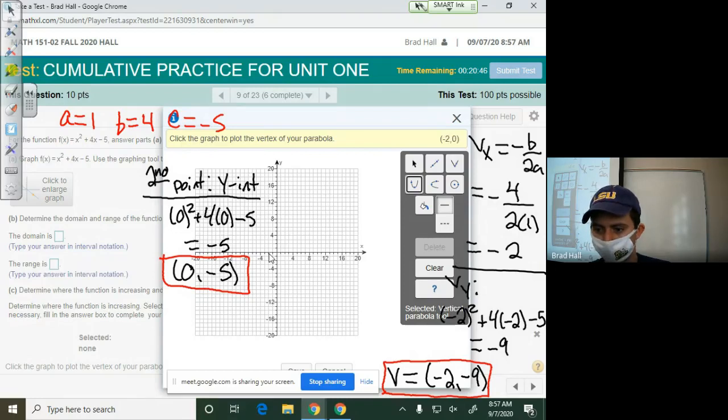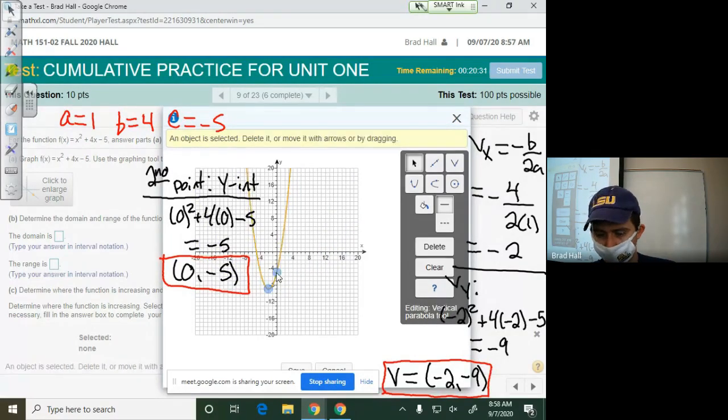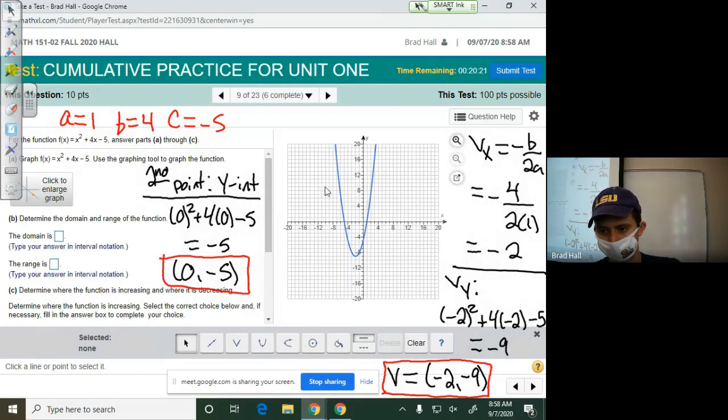Notice in the top right, I'll make sure it says -2, -9, which it does, so click. Then I'll make sure it says 0, -5. Just trying to help you avoid the pitfalls of past students. So that would be the shape.